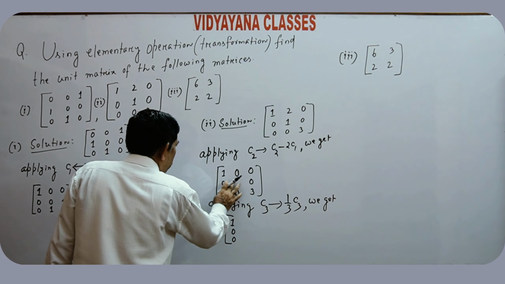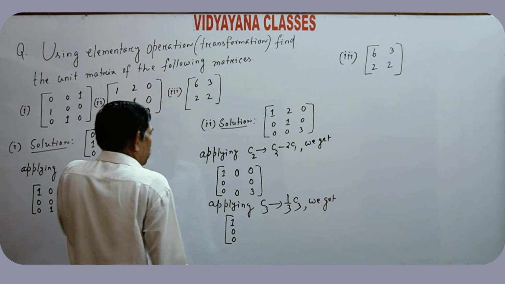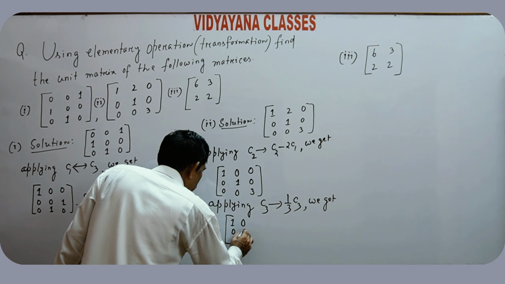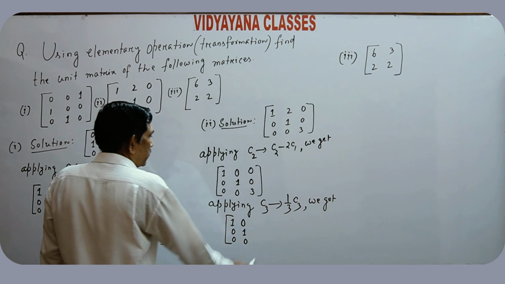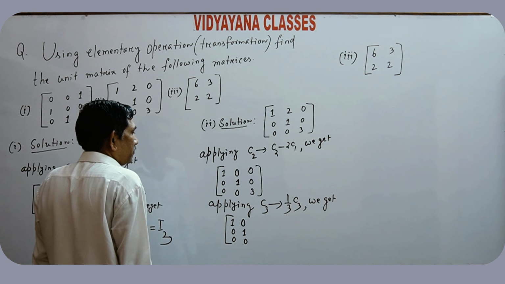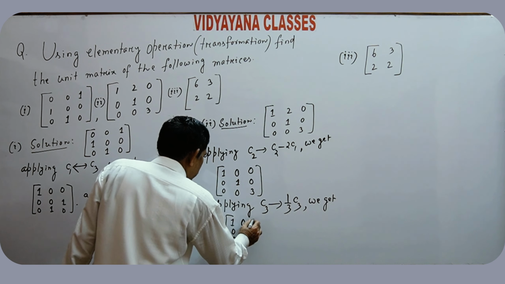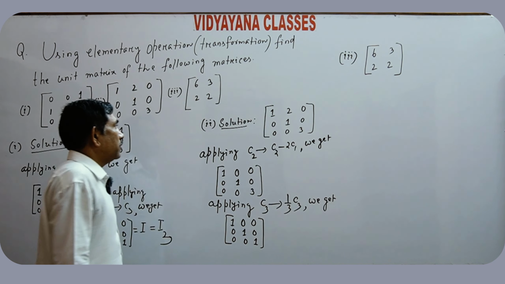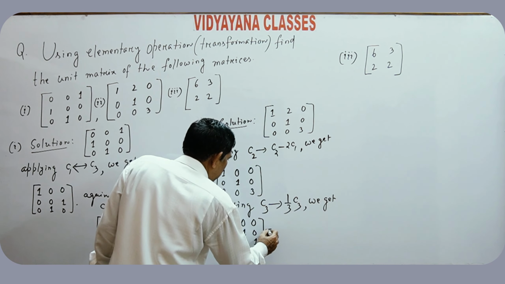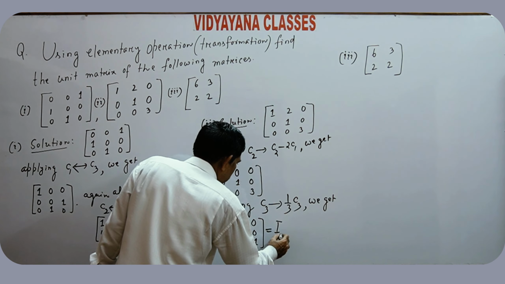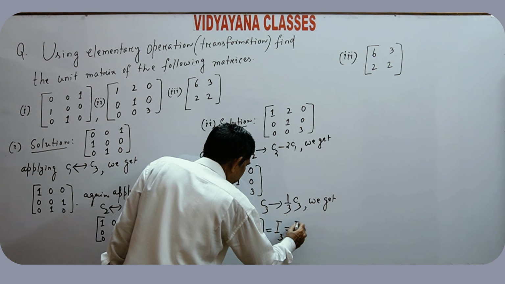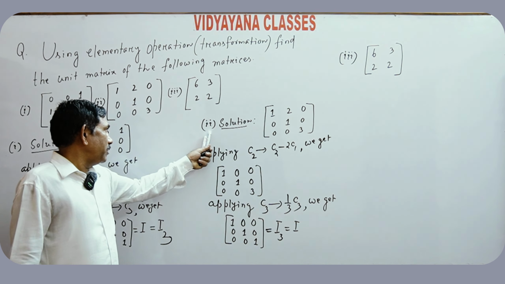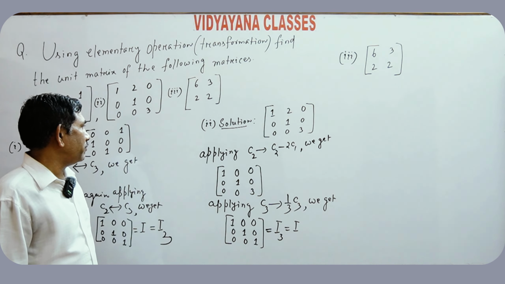It is 1, sorry, 1 minus, that is 1. 0, 1 and 0. C3 is replaced by 1 by 3 C3. It is 0, 0 and 1. Which is a unit matrix of order 3 or which is written as I. Here, the second bit is solved by using column operation.